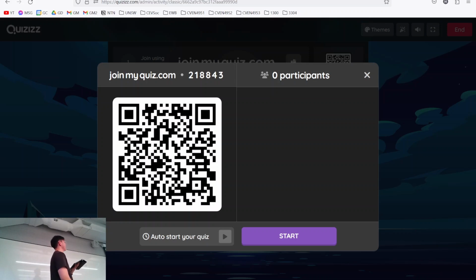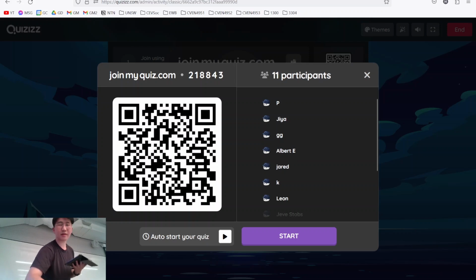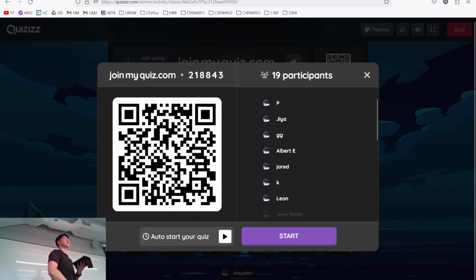This should give you a way to test your knowledge. There's no consequences for getting this wrong. Holy shit, that's loud. There's no consequences for getting this wrong, so you might as well get this wrong instead of something in the exam, you know what I mean?